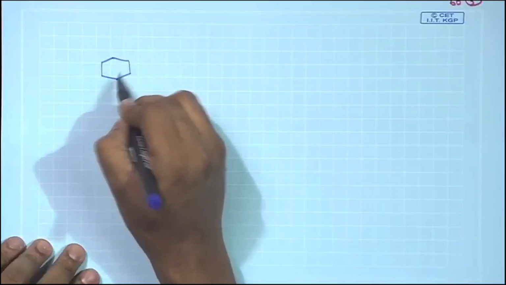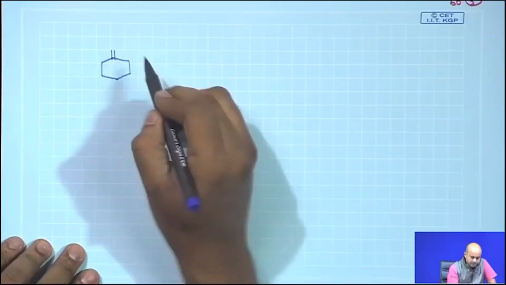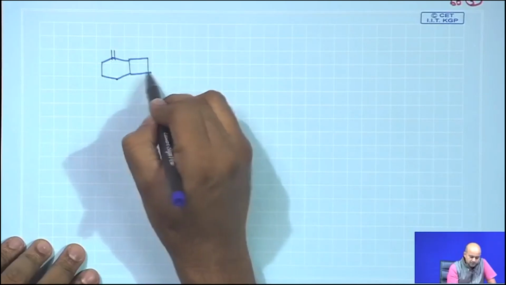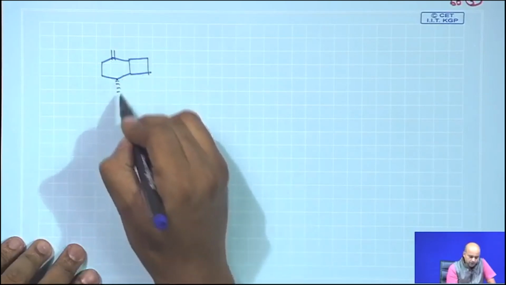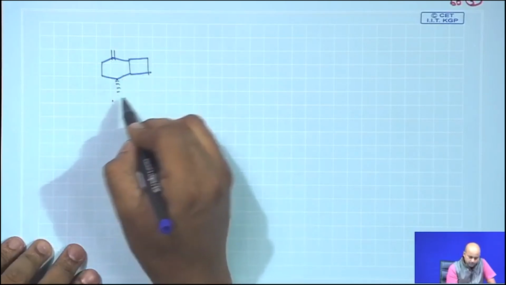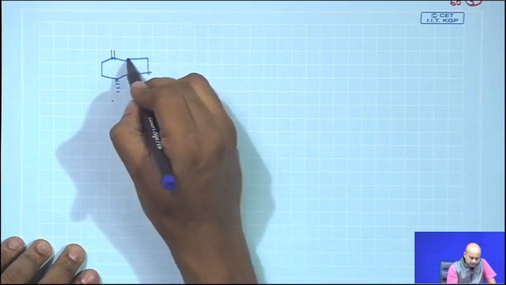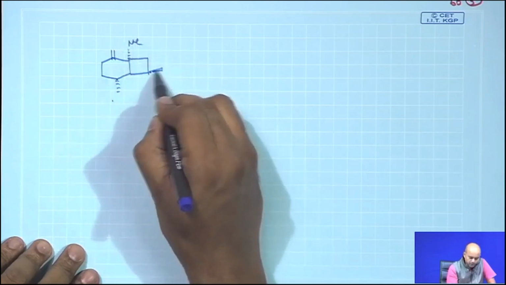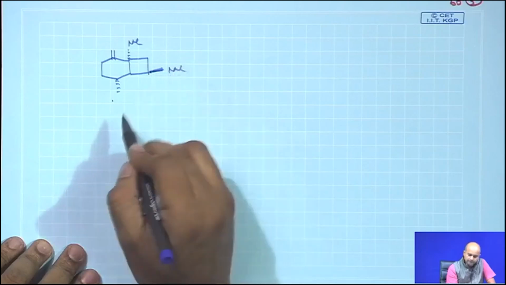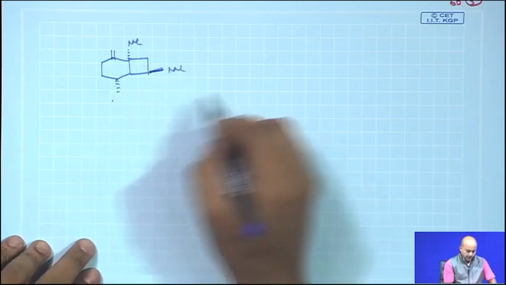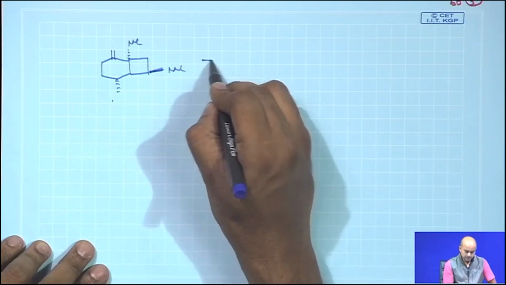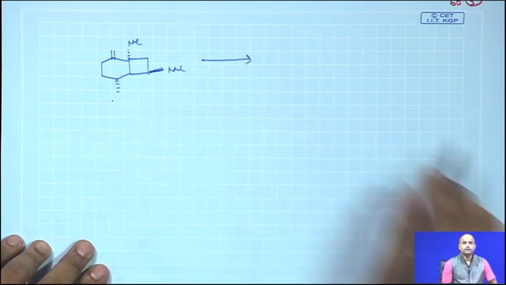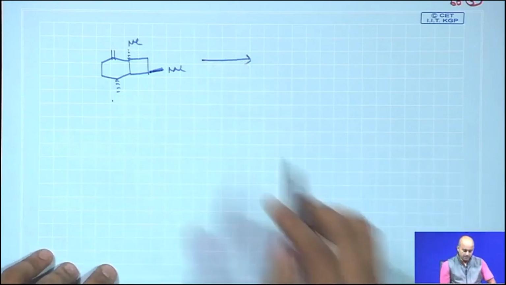Now we will again draw the structure of the Wittig intermediate which we obtained. This exocyclic double bond is here and your bridge is here. Now, we will be doing the standard cyclobutylcarbinyl cation rearrangement.